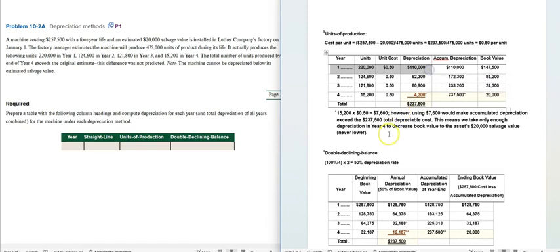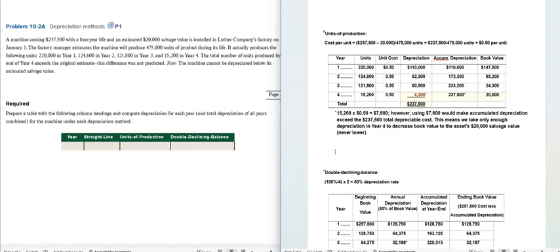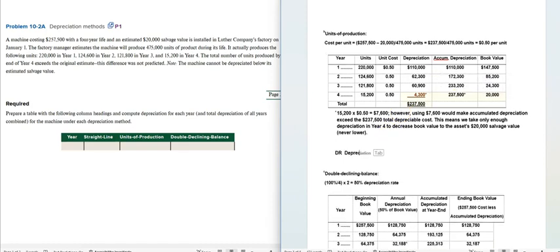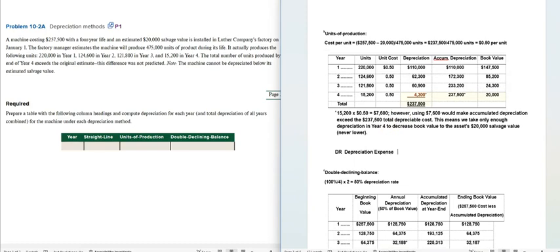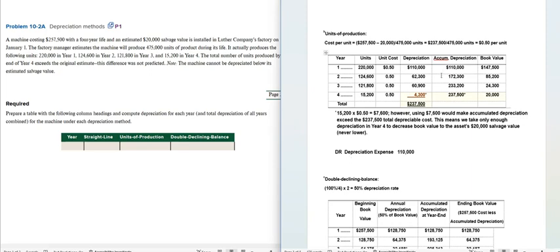So I would debit depreciation expense for 110,000, and I would credit accumulated depreciation for 110,000.